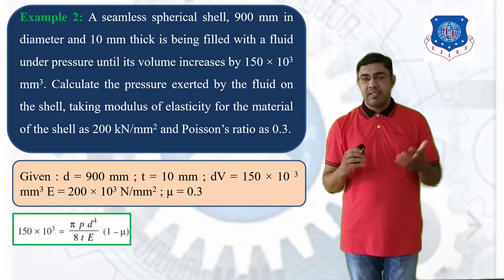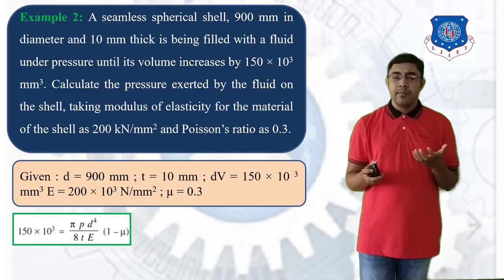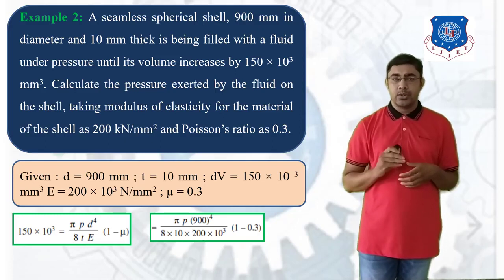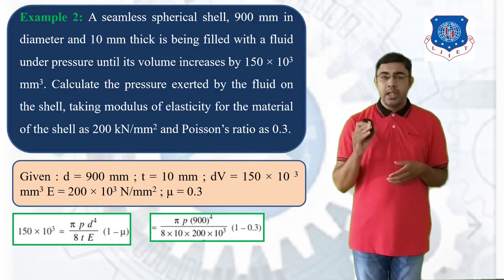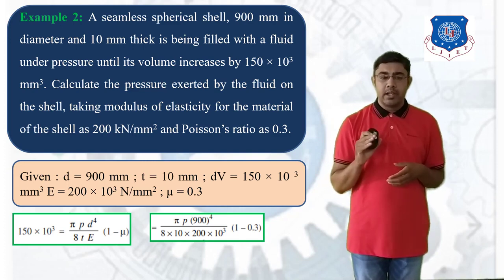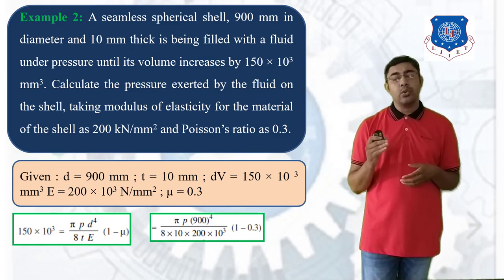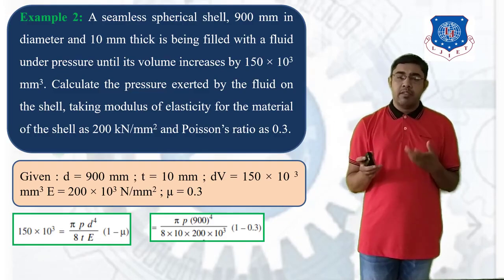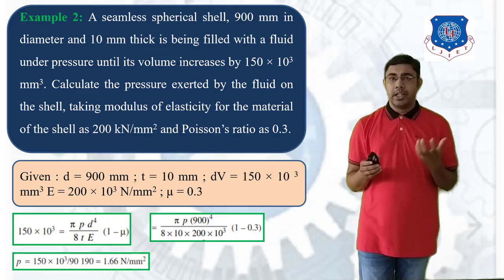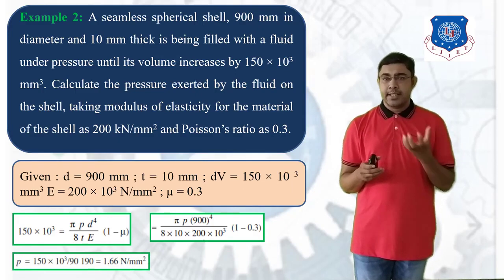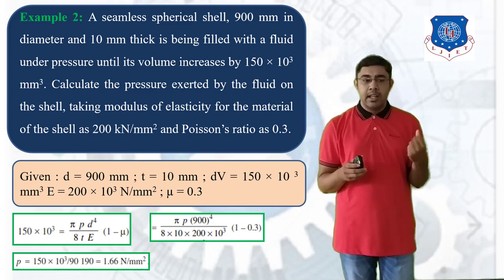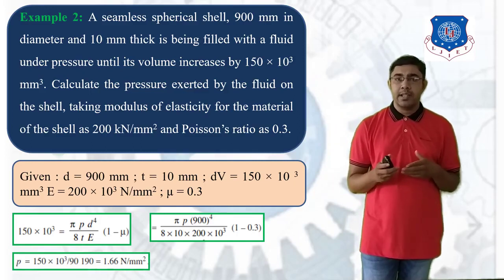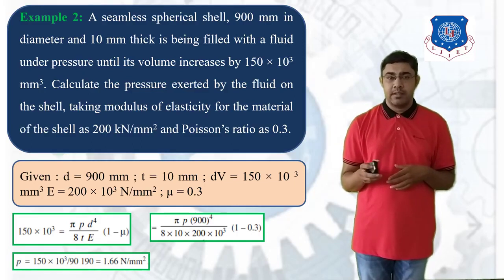If we place all these values in the equation, we get delta V, 150 into 10 raised to 3, is equal to pi into P into 900 raised to 4 divided by 8 into 10 into 200 into 10 raised to 3 and into 1 minus 0.3. If we simplify this equation, we get the pressure exerted by the fluid as 1.66 Newton per mm square.